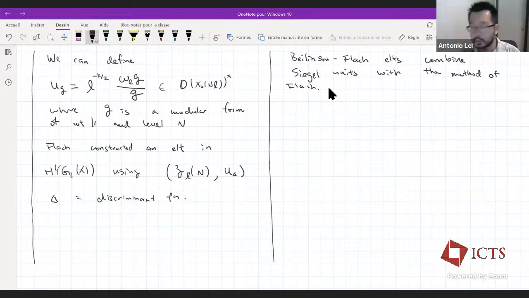Here we are not just looking at the symmetric square. We are looking at the tensor product of the representations coming from two modular forms. But the idea is pretty similar. So here I will be looking at the modular curve. Let's say I consider a map like this, E_{M,N}.